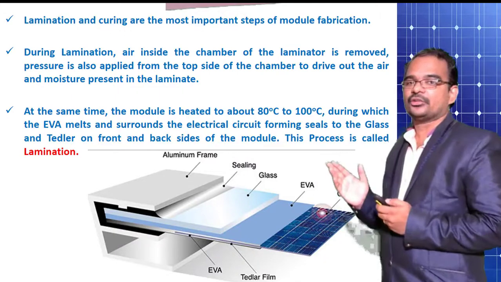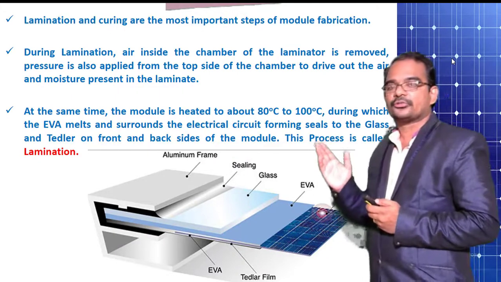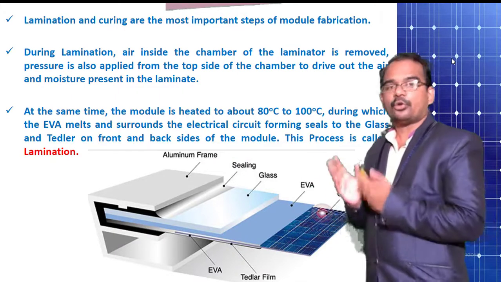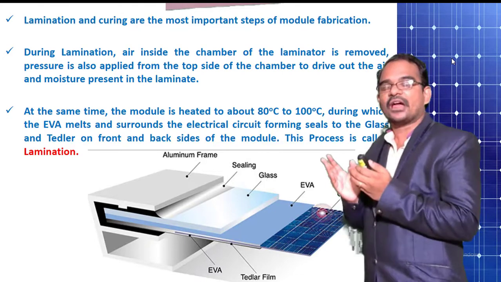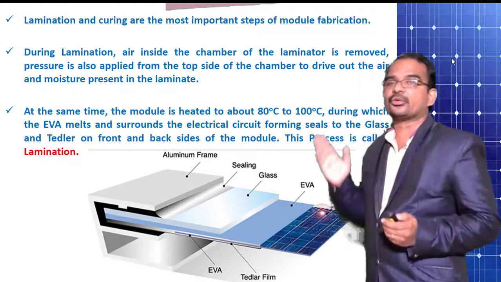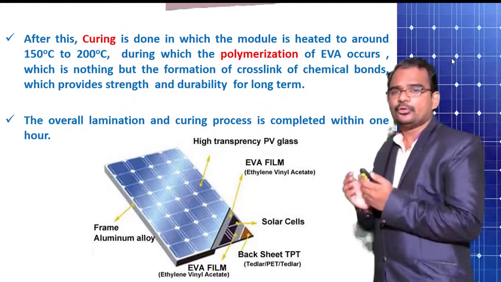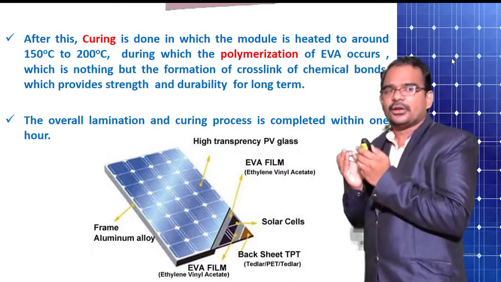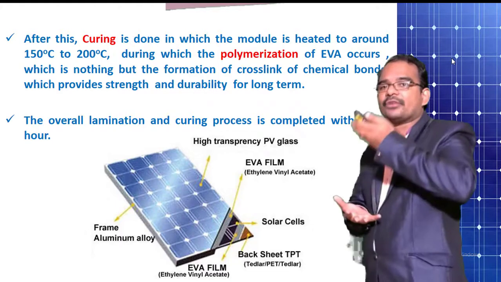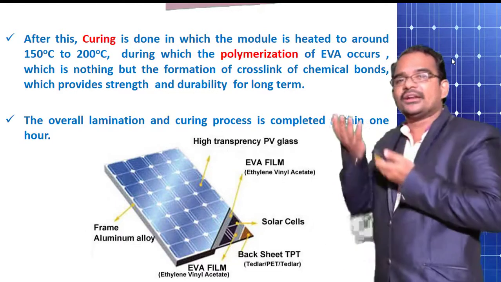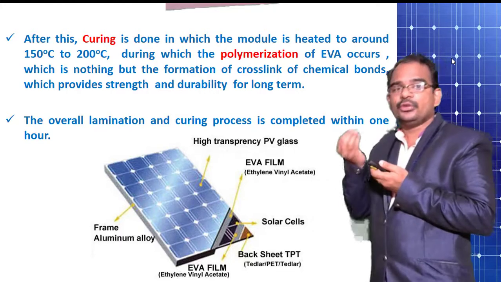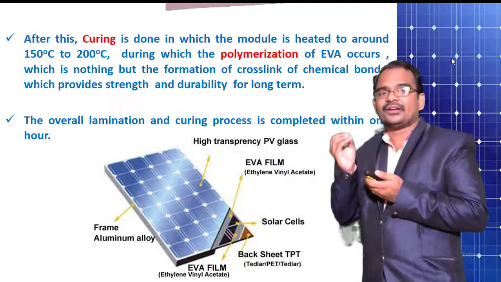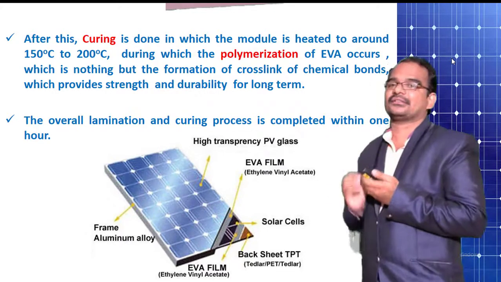After lamination, the PV module has to undergo a process called curing. In curing, the module is heated to around 150 to 200 degrees centigrade, during which polymerization of the EVA occurs.